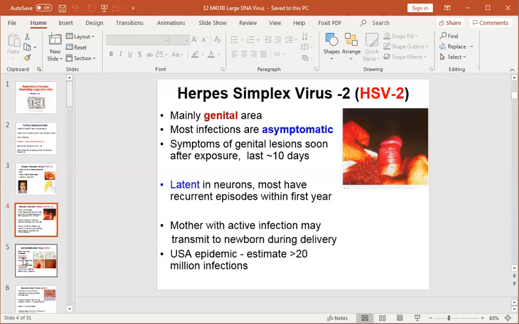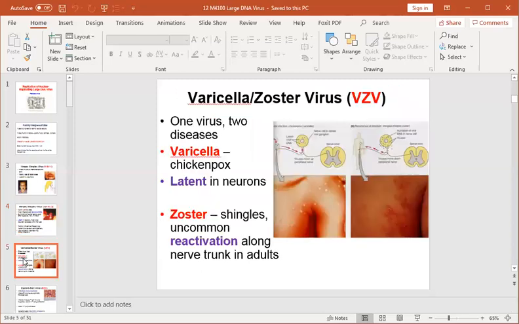Moving to slide number 5. The next virus is called varicella zoster virus, VZV. It is one virus that causes 2 diseases, varicella and zoster. Varicella is the causative agent of chickenpox.